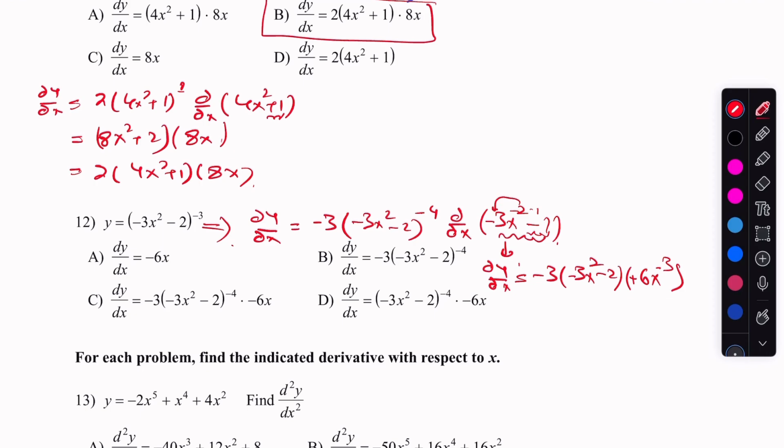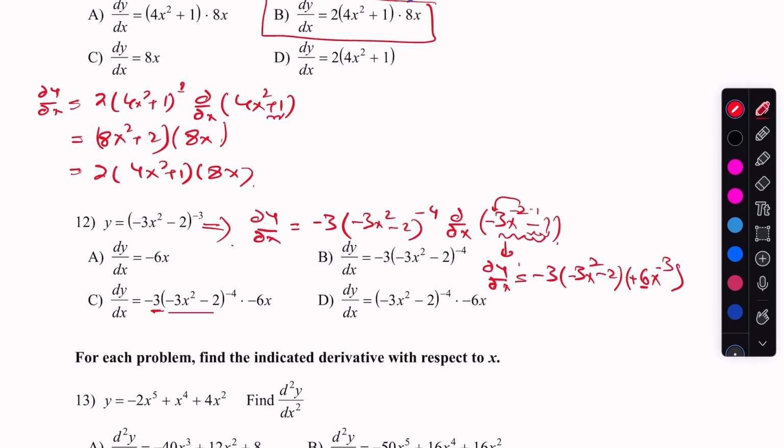So which one is the correct option in that case? Negative 3, negative 3, okay, negative 4, then there is no single correct option we have seen, because it's positive 6x^3.